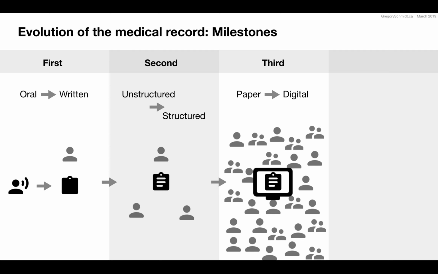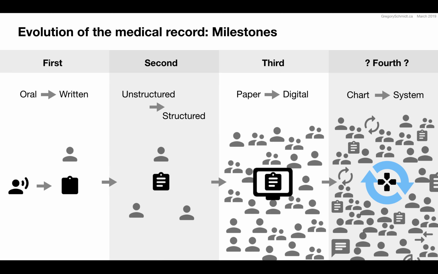And so perhaps I would propose that the fourth milestone, which we need in the evolution of medical records, is to move from viewing it as an electronic medical chart to an electronic health record system. And what we need is a system which, from the ground up, has fundamentally been thought of as a model to coordinate thousands of actors safely and in real time.